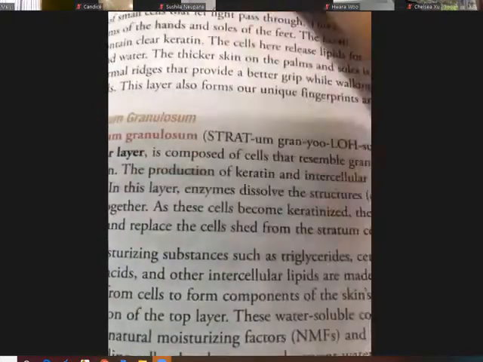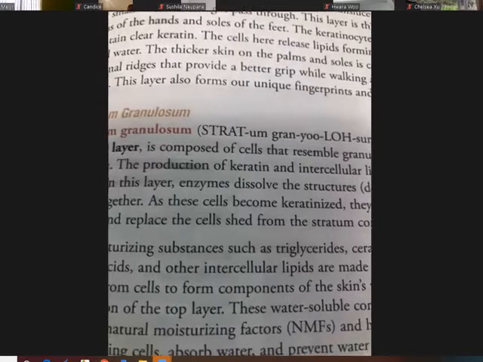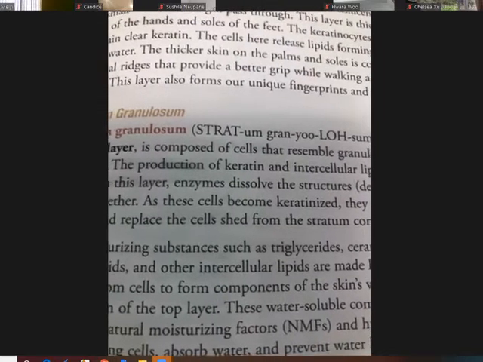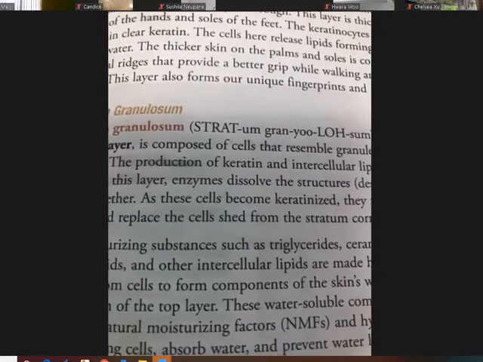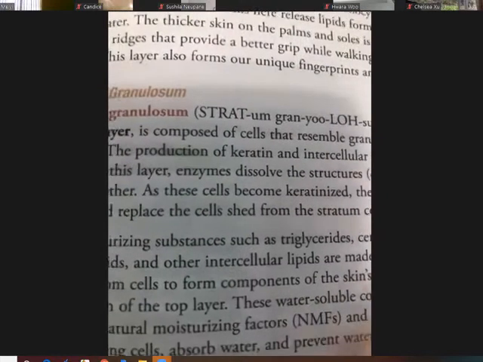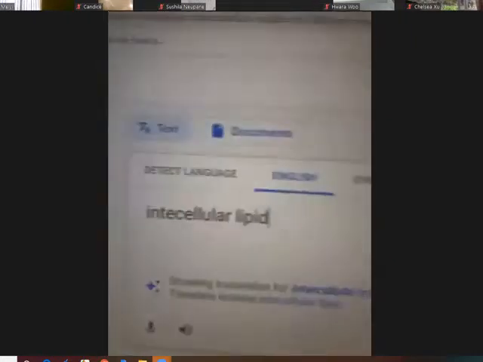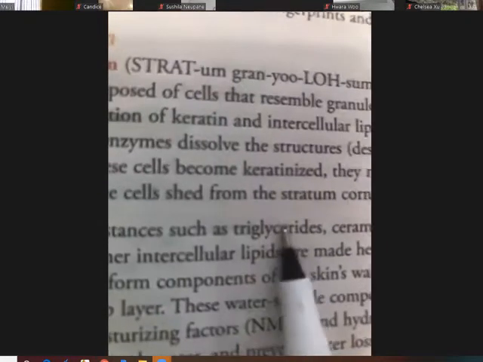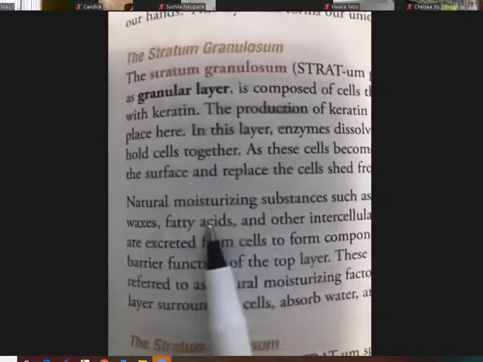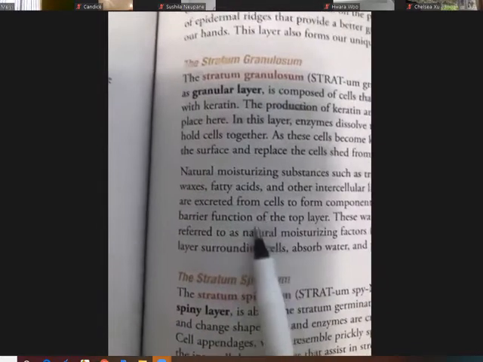Okay, they produce all this so that it can make our skin waterproof. The cells of the third layer produce these things called intercellular lipids. Intercellular lipids, okay? All these triglycerides, ceramides, waxes, fatty acids are all intercellular lipids, all made here, okay?